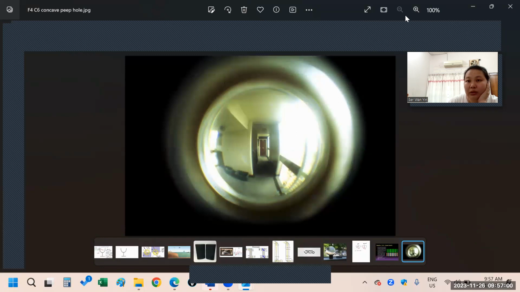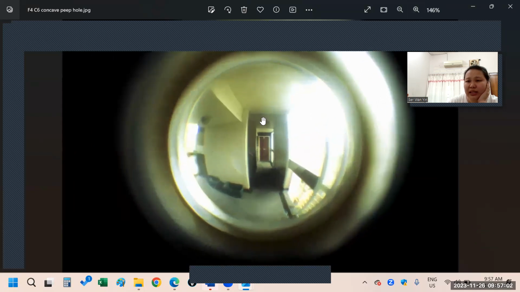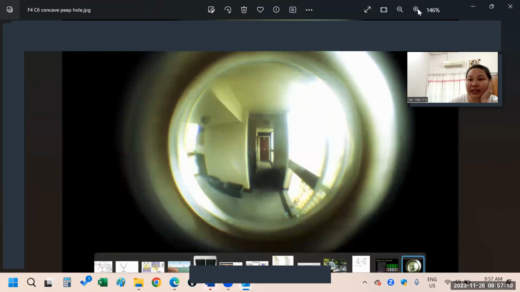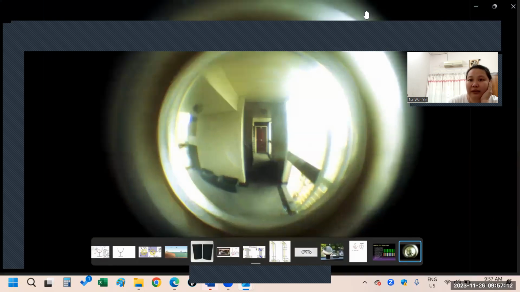Sorry, this is using a concave lens. Concave lens means it will shrink the image, means diminish the image.